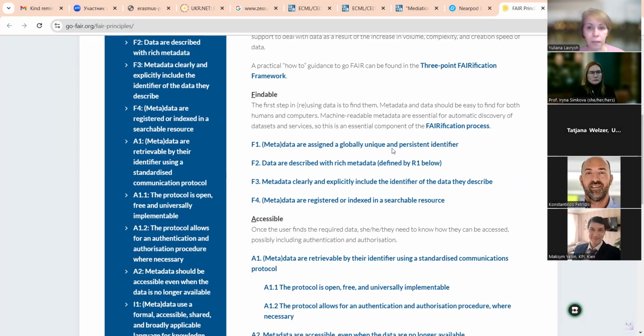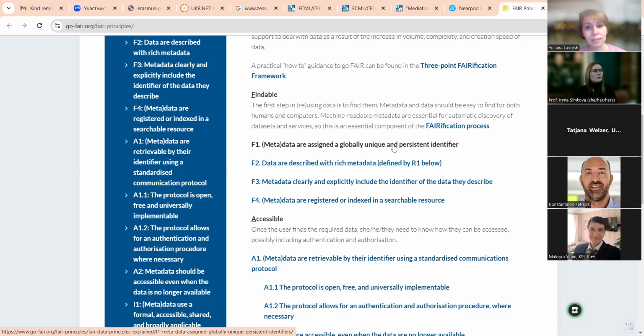For example, all data and even researchers have a persistent identifier, for example a DOI. When you publish your paper, every paper has a DOI. A DOI helps you to find information faster. That is why it can be easily findable.